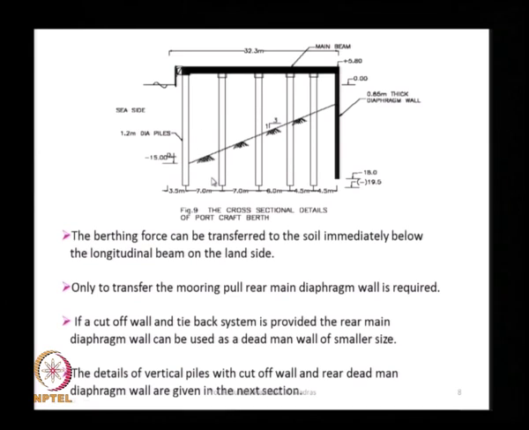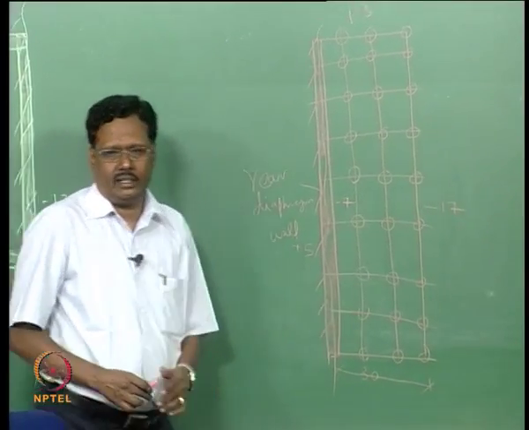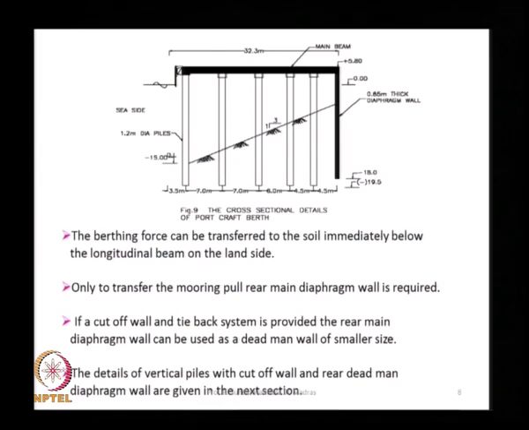Piles means it is a discontinuous structure, it is not retaining the soil, and when it comes to this place, here we have a rear diaphragm wall, here we have a slope of 1:3. Suppose this distance is about 32 meters, this 1:3 means the bed level will be 10 meter less here, that is about minus 5, top level is 5.8, that means it is retaining the soil only for 10.8 meters.